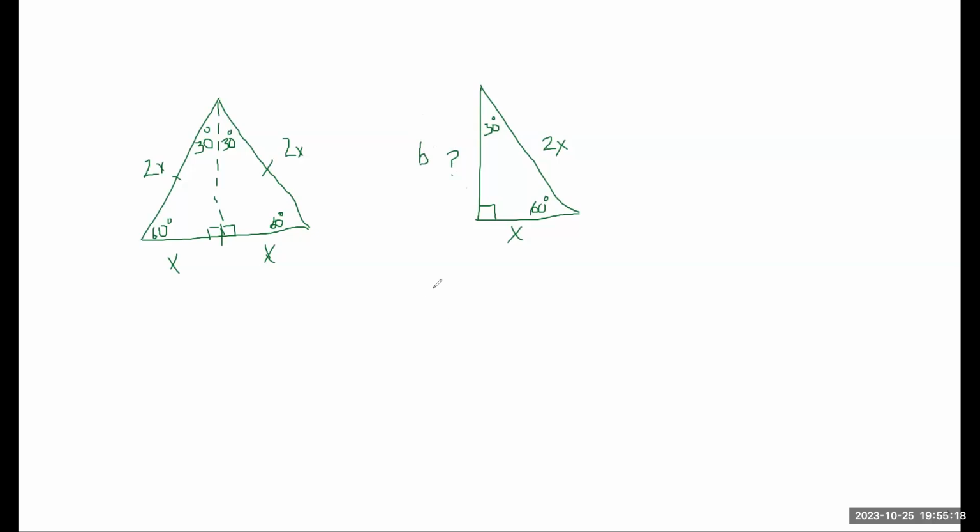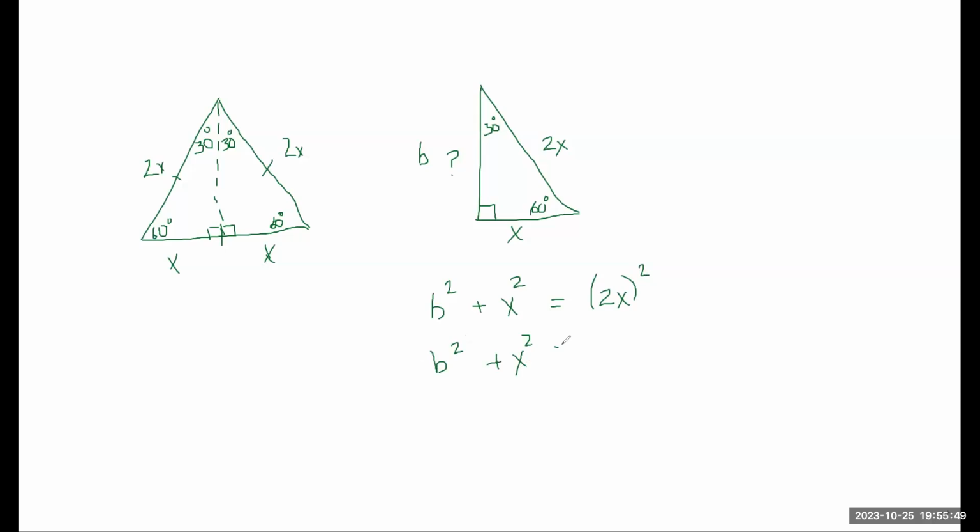This unknown length, I'll call this B. Using the Pythagorean theorem, which says that B squared plus x squared equals the hypotenuse squared. This gives us b squared plus x squared, which are not like terms, so I can't really add those together, but I'm still using my Pythagorean theorem.